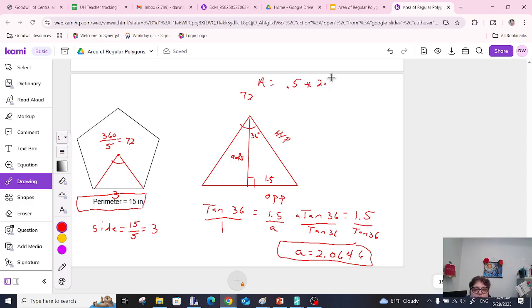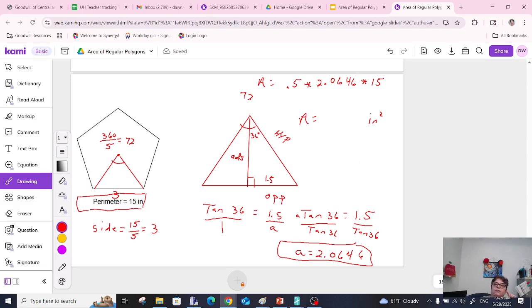I'm going to use this decimal out to several places so I don't get rounding errors, times perimeter. And what's perimeter? 15. And my answer would be in inches squared because it tells us it's in inches here. Area is equal to, now I can round.